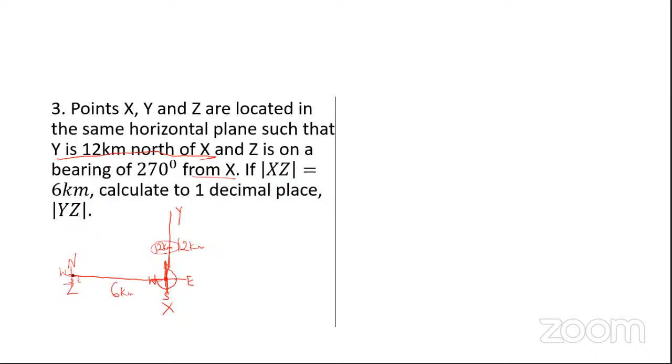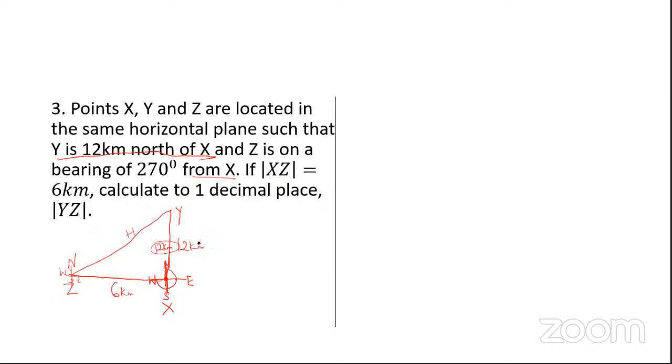This one is very simple. What do we do here? We use the Pythagoras theorem. So this is the hypotenuse.